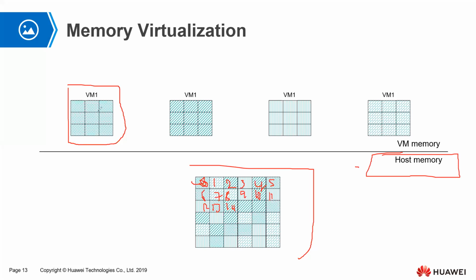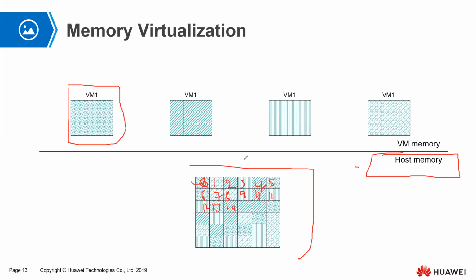Okay, so memory virtualization is a process of centrally managing the physical memory of a physical machine and aggregating it into a virtualized pool of memory for virtual machines. Memory virtualization creates a new layer of addresses, that is, the address spaces of virtual machines, and they are made to believe that they are running in real physical address space, when in fact their access requests are relayed by the hypervisor.